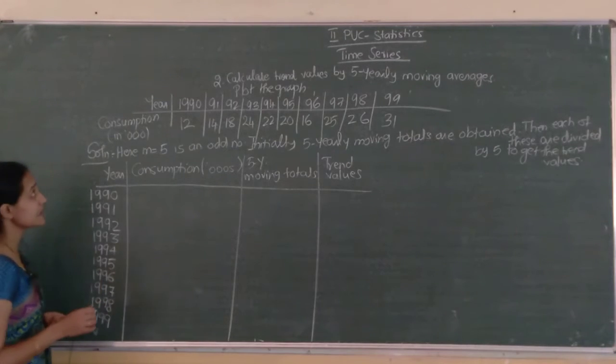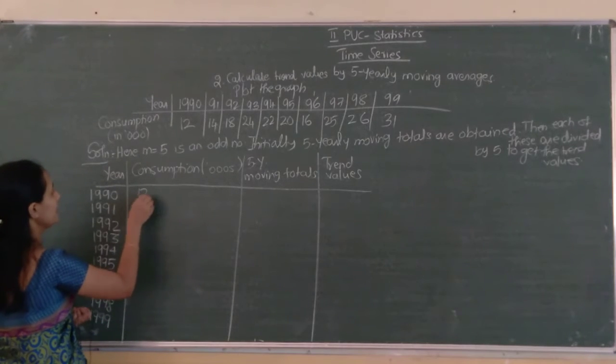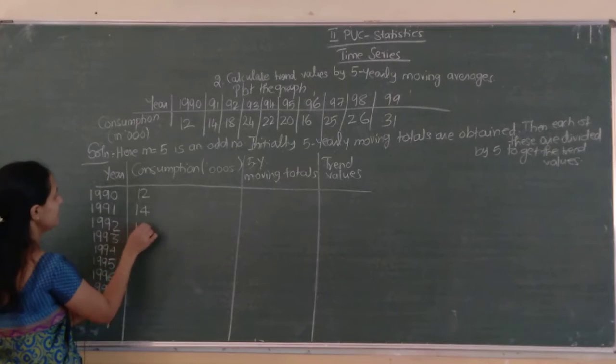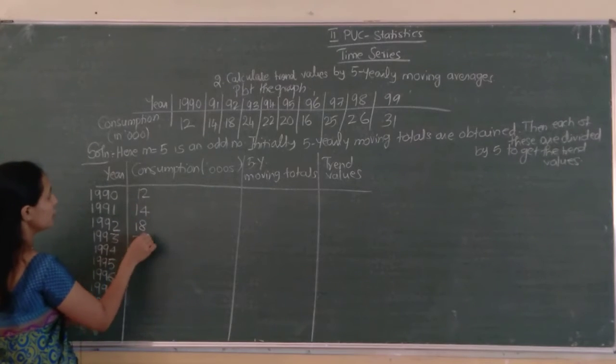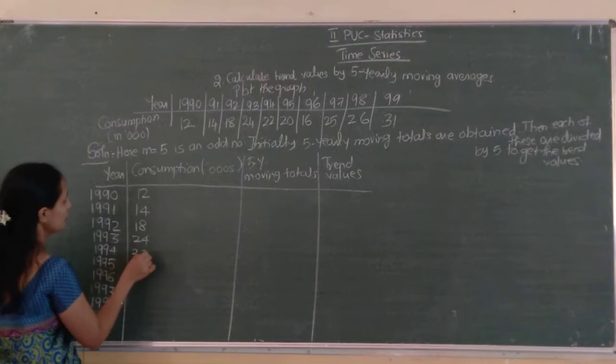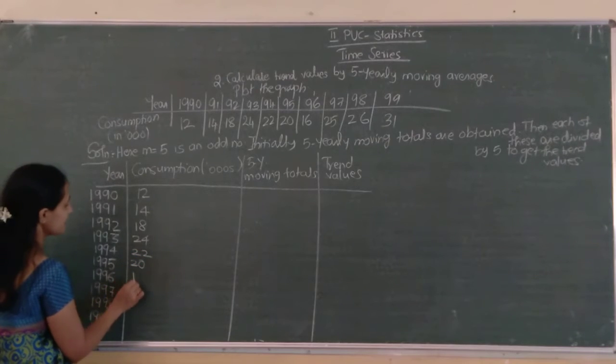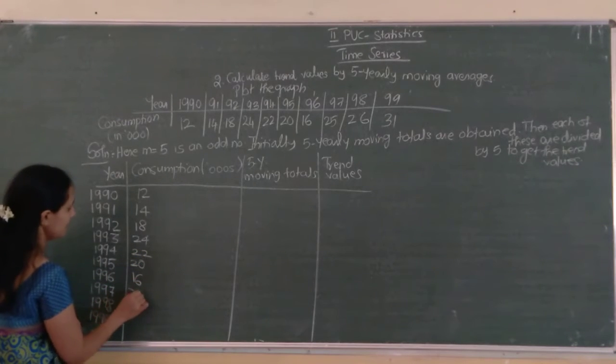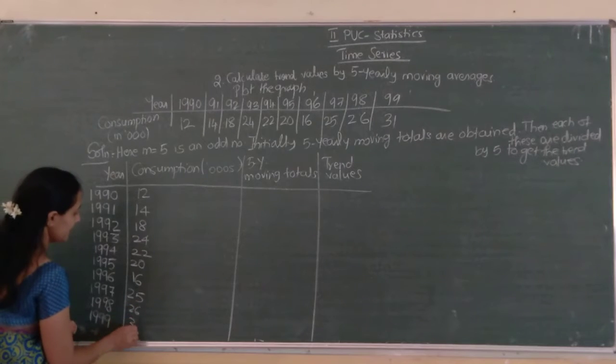Next consumption: 12, 14, 18, 24, 22, 20, 16, 25, 26, 31.